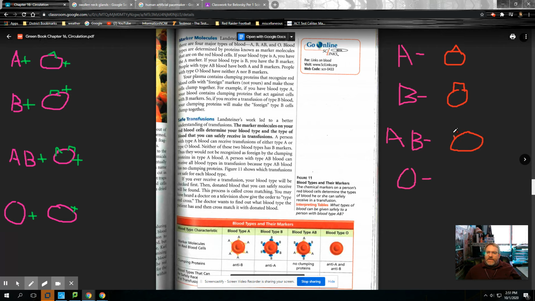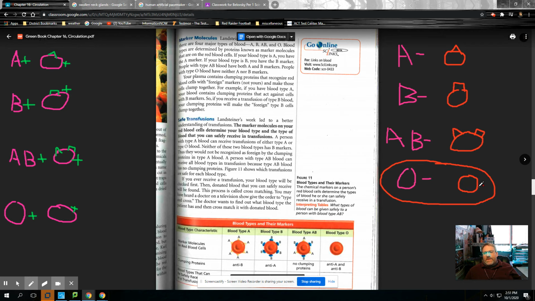It's got the A marker and it's got the B marker, but no positive protein, so AB negative. And the O negative blood cell has no markers whatsoever. It's missing this one marker right over here. So it's O negative. Now, something interesting about O negative blood is these people can give blood to anybody.